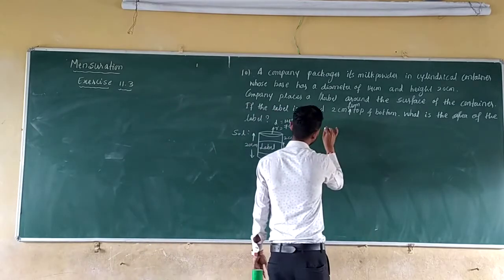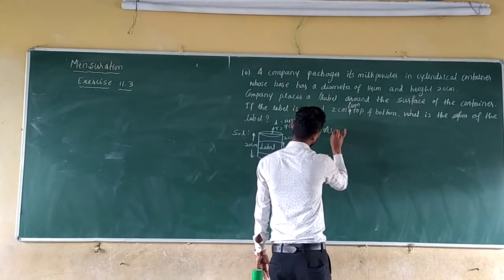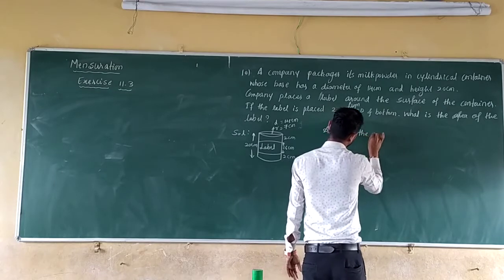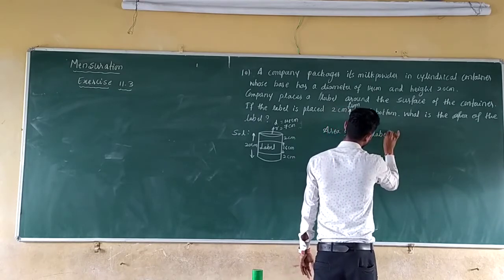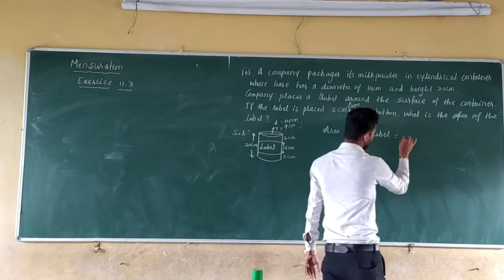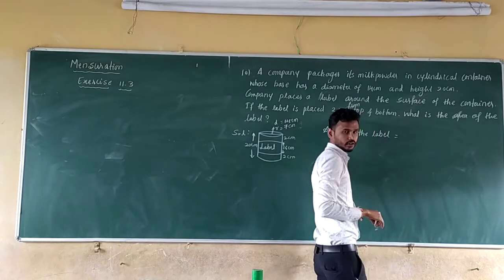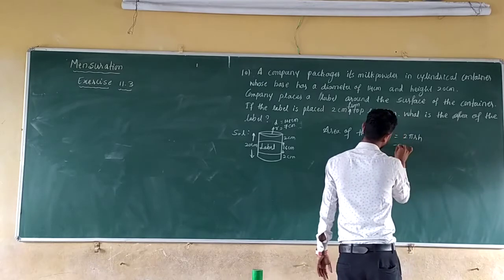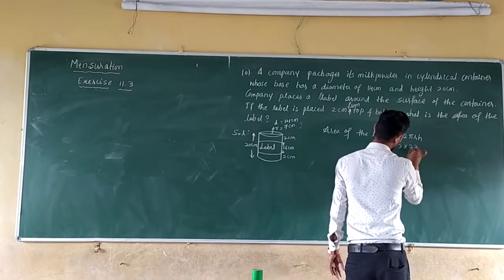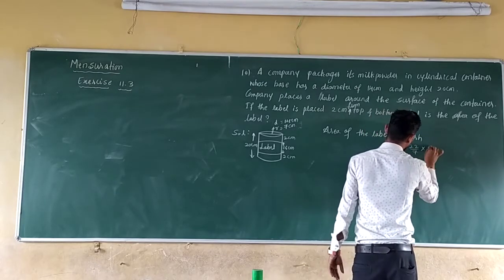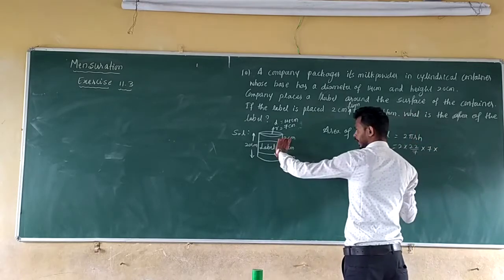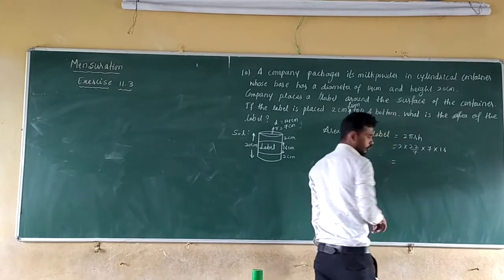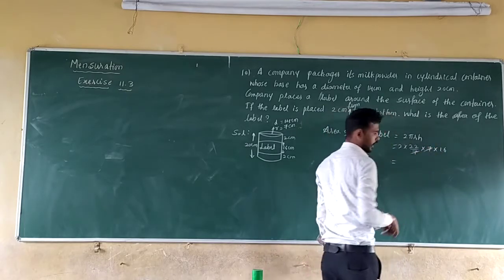So now, area of the label is equal to CSA of the cylinder. What is the formula? 2 pi r h. So 2 into pi value 22 by 7 into radius 7 and height of the label 16. The 7s get cancelled.